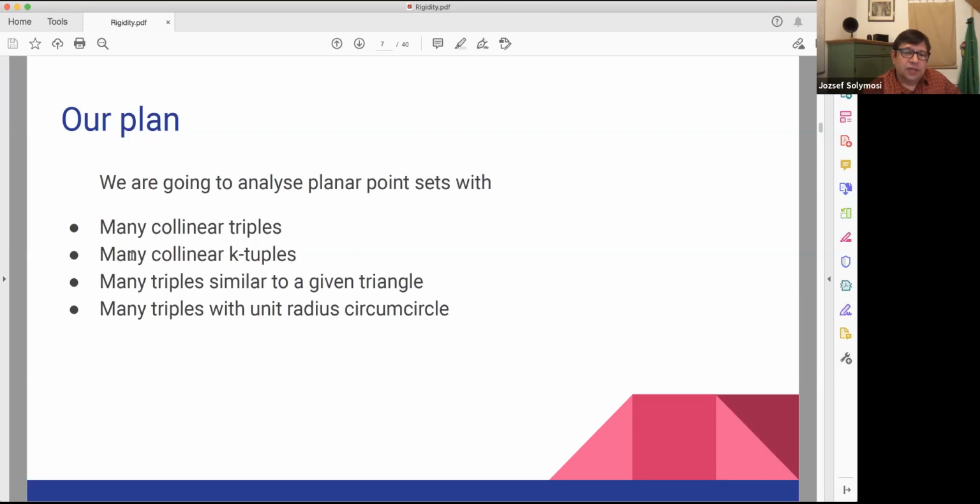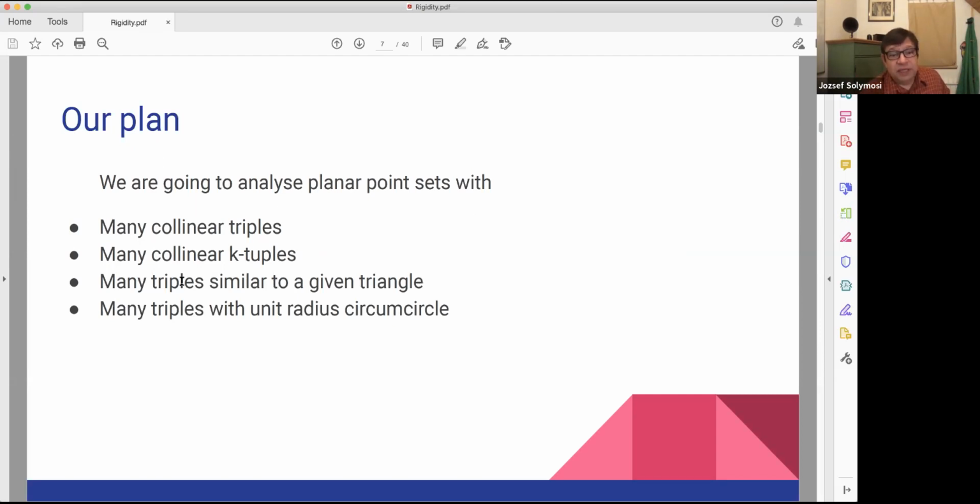Then a more general question about collinear k-tuples: what can we say in general about bounds or structure? But we are very far from structure if many lines have not only 3 points. So this is the Szemerédi-Trotter theorem. I'm just saying that we will see that.